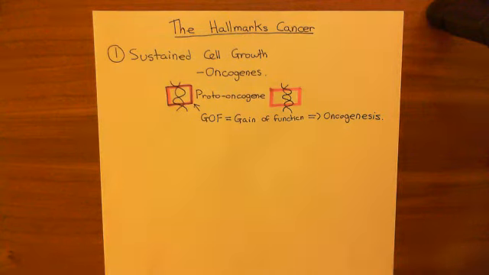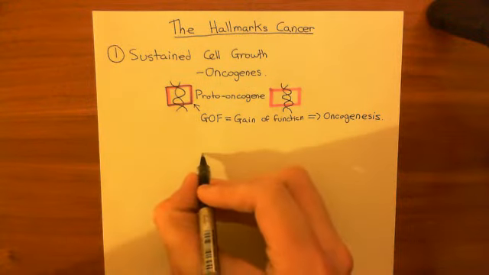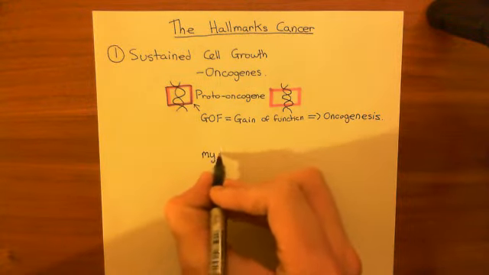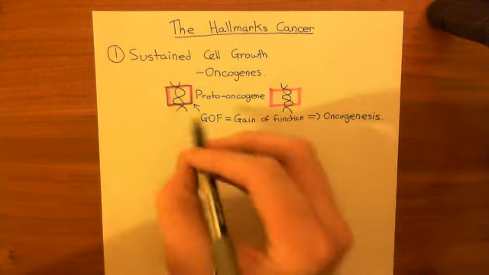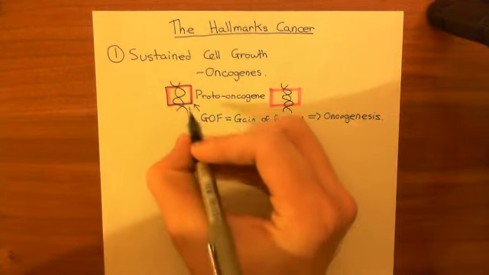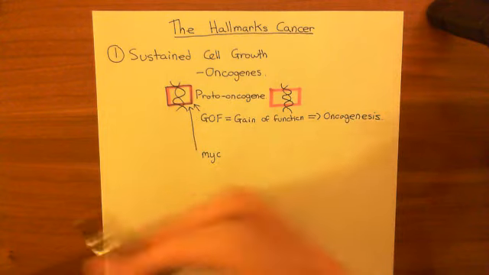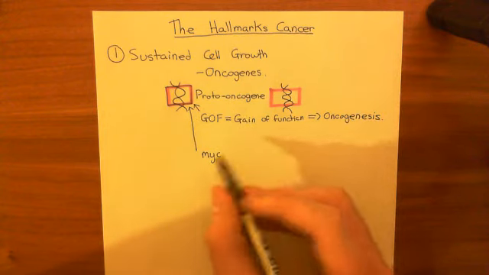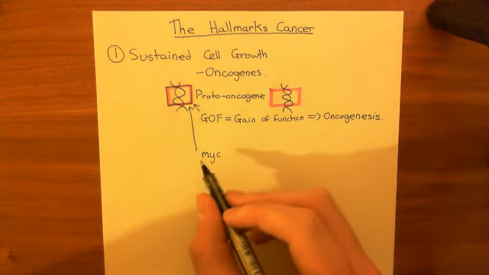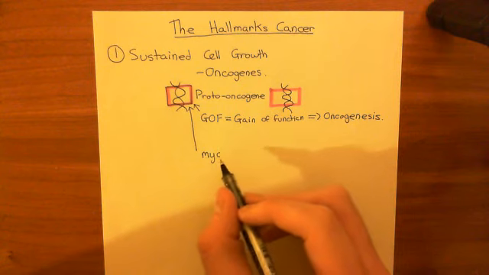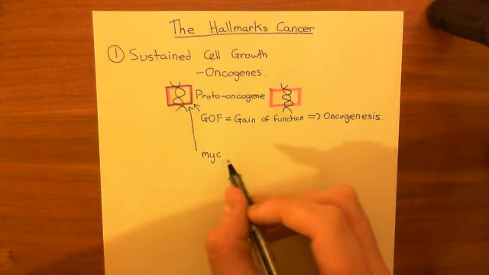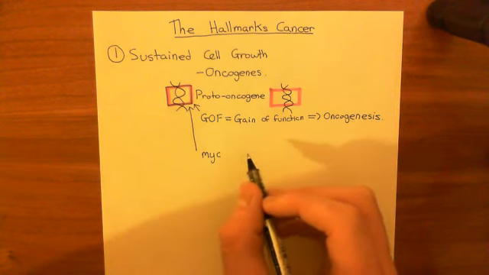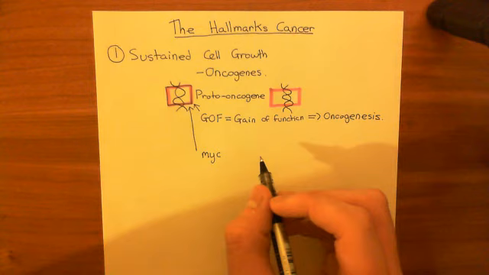Right, so now let's give an example of a proto-oncogene. A very famous example of a proto-oncogene would be the MYC gene. Again, you have two MYC genes. If you get a gain of function in MYC, then it will lead to too much MYC activity in the cell, and MYC is a very powerful transcription factor which causes the cell to move from the interphase of the cell cycle to G1 phase.